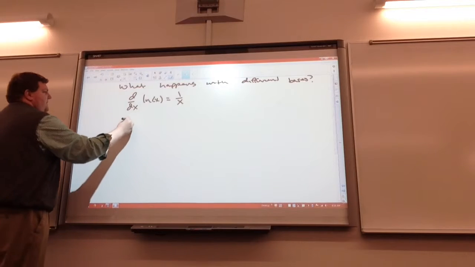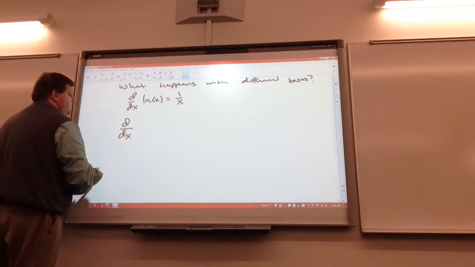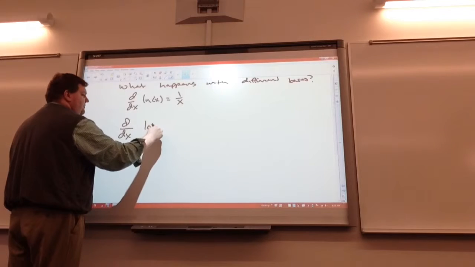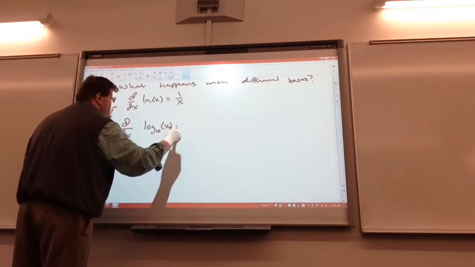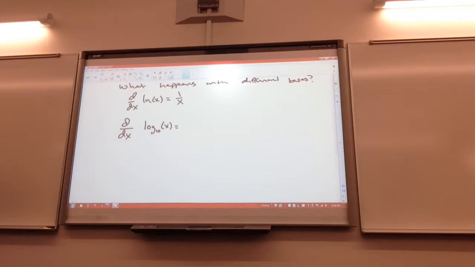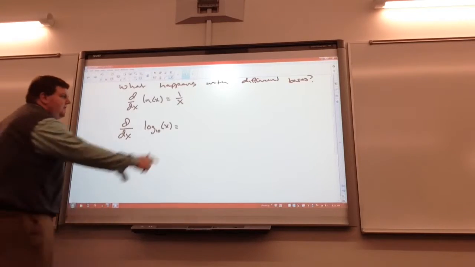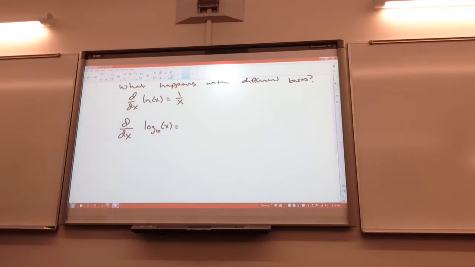But let's say I did instead the derivative of the log base 10. I would guess it's going to look something similar to this, because logarithms all work the same way, don't they? Just because the base is different doesn't mean the result should be any different. But again, it's not going to be exactly the same.